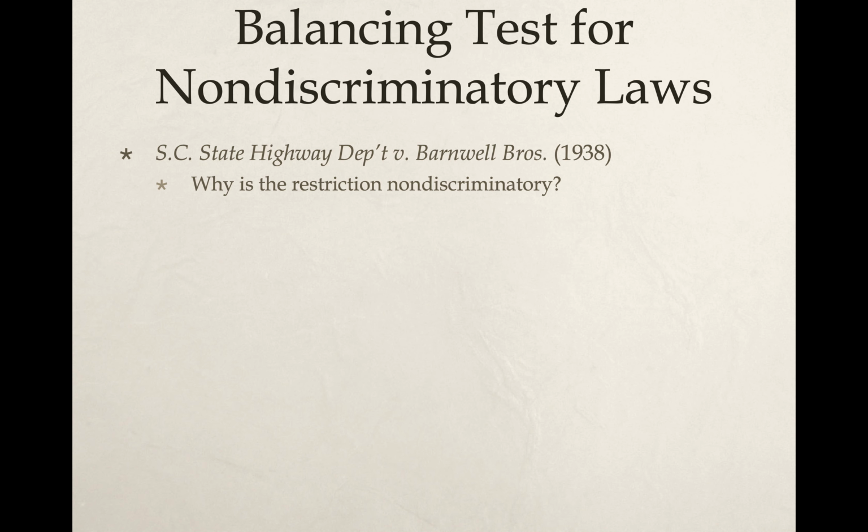One thing the court points out is that in order for highway or traffic laws to be effective, they must apply uniformly. So there can be no special rules that apply only to out-of-state cars on the road. Otherwise, that would undermine the effectiveness of any sort of road law.